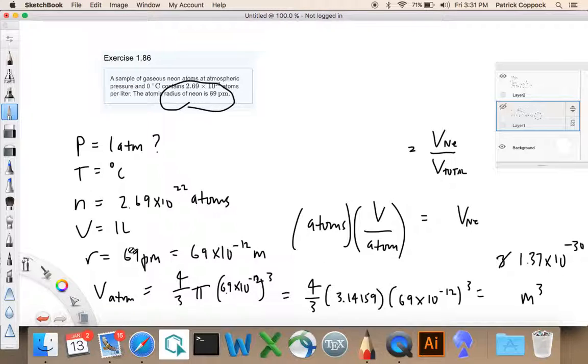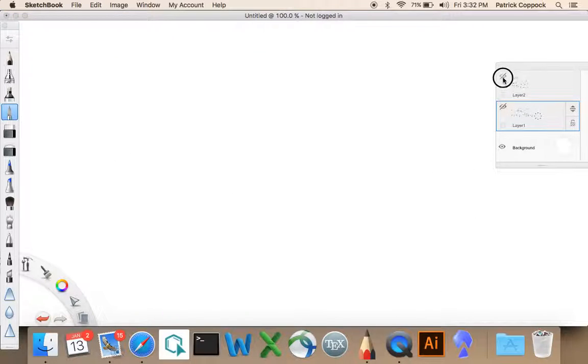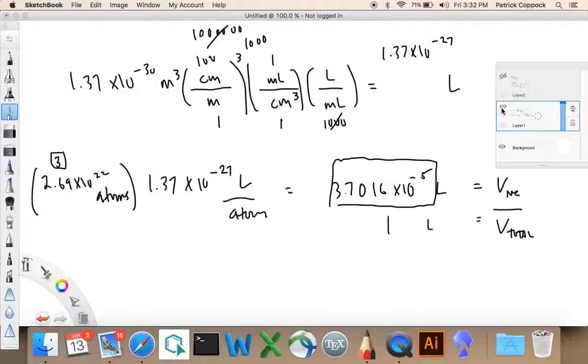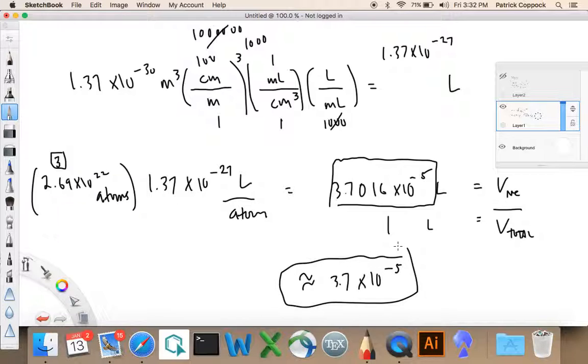So the answer is going to have to be in 2 sig figs. So this is going to be about 3.7 times 10 to the minus 5. That's the fraction. All right, and there's your answer. I hope that's helpful.